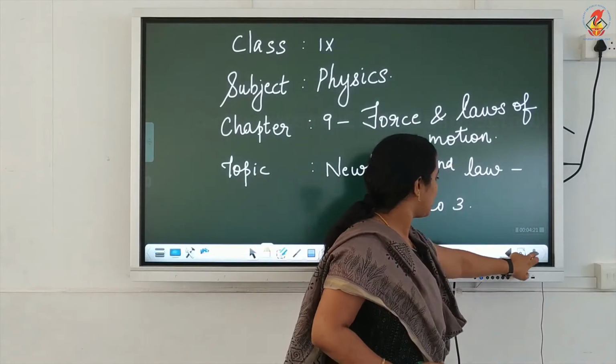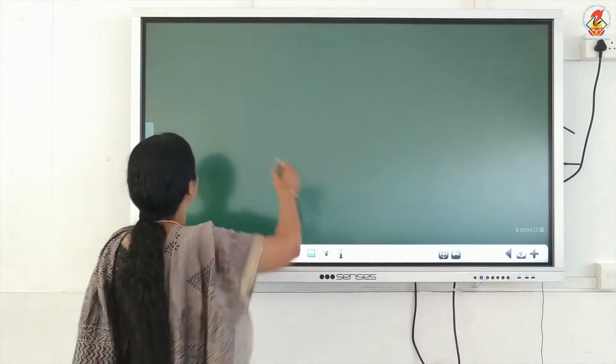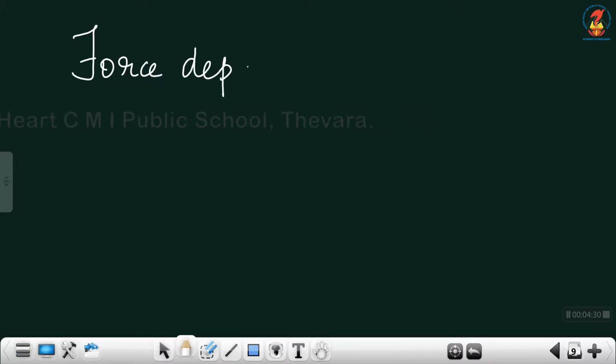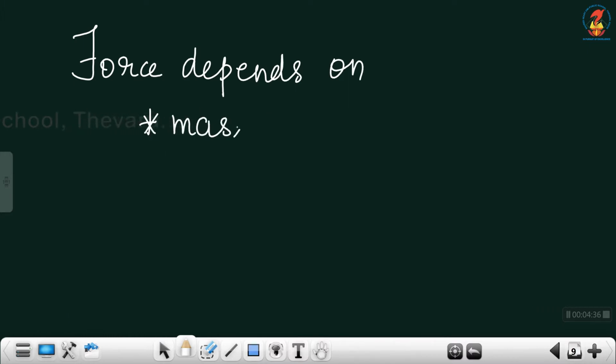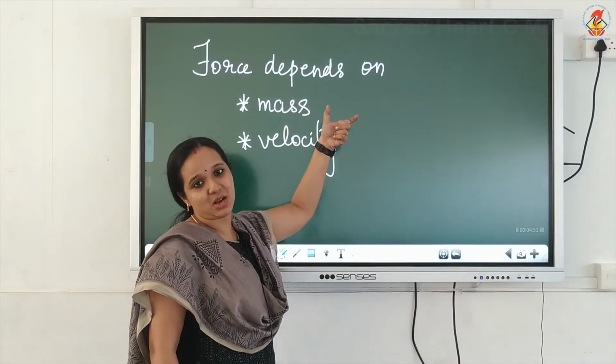So the quantities upon which force depends are mass and velocity. That is, your friend had a huge rock with a greater mass.